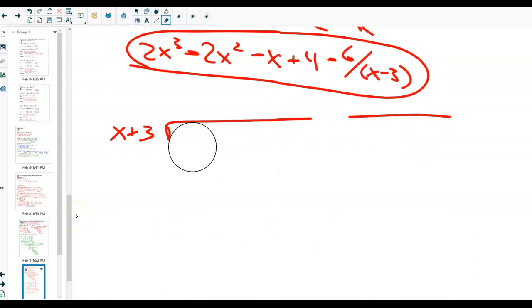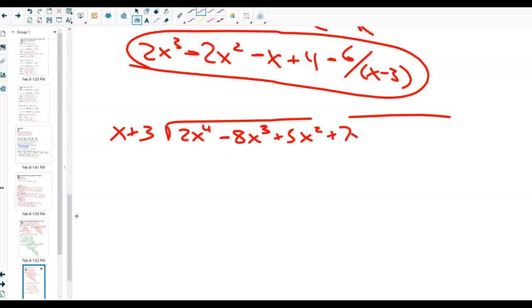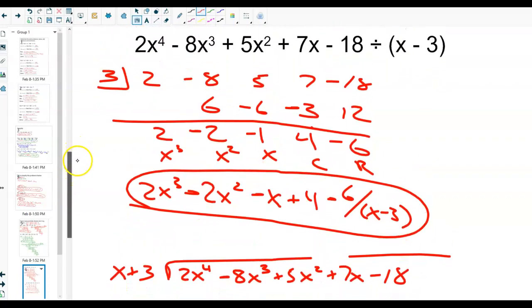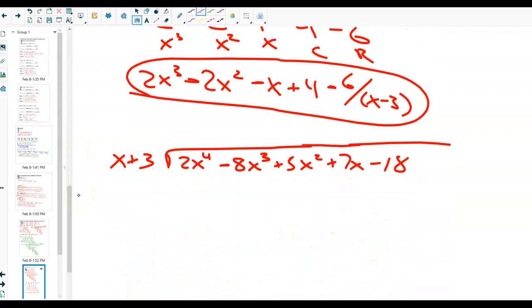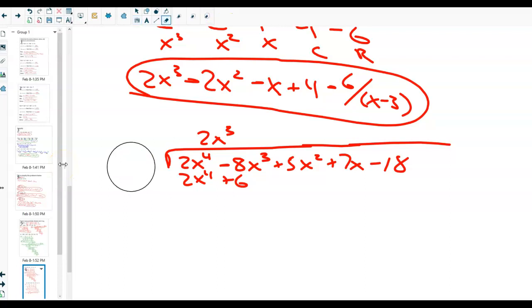Hold on. This one. 2x to the fourth, minus 8x cubed plus 5x squared plus 7x minus 18. Let's make sure that is the right one. So, yep, okay. x minus 2. There we go. Okay, so this is the correct problem right here.